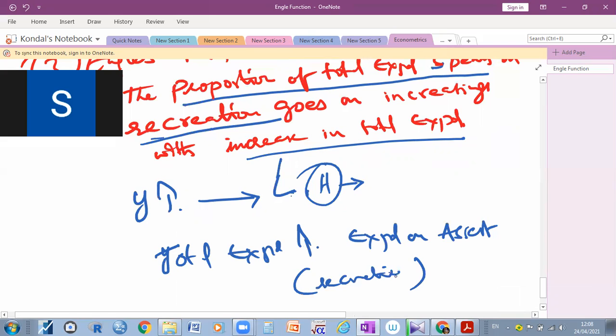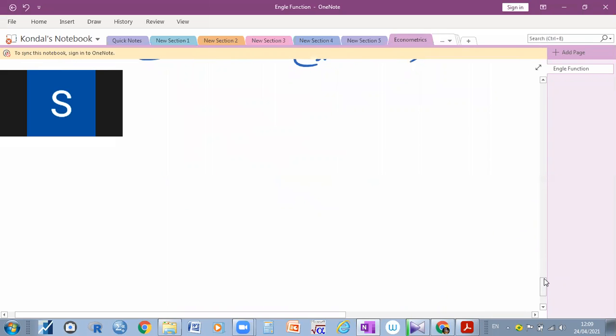If you purchase an asset which cannot recreate, which cannot get you money, that is different. Whatever we spend on assets that can be recreation will give more and more money within a stipulated time. So as total expenditure increases, the expenditure on recreations will also increase. Have you understood? You can understand the difference between the three laws.